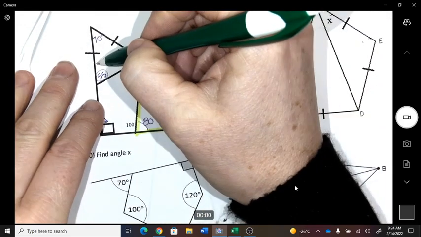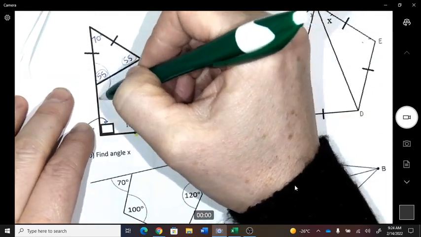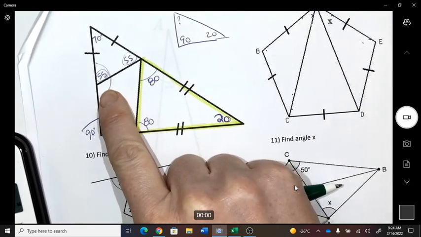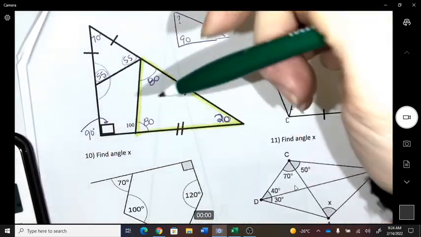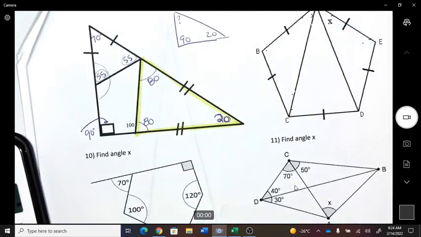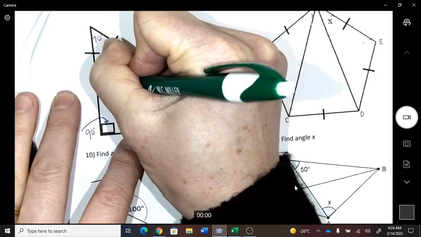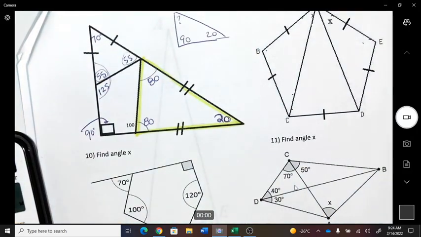Okay, now can you figure out this angle right there? So now I can see those will be on a line. So 125.